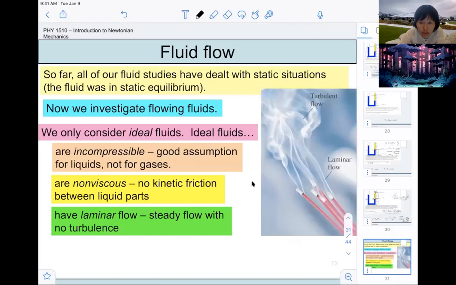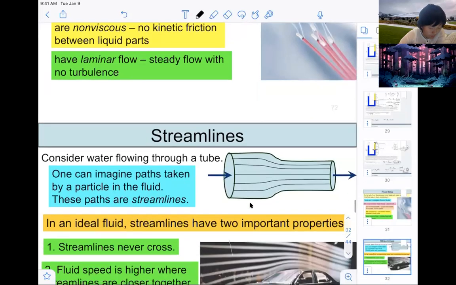We're also considering ideal fluids with laminar flow, so there is no turbulence, like the picture showing, right? A steady flow instead of a turbulent flow. So the theories we're going to talk about are applicable to the ideal fluid. Sometimes you may have to make an approximation, saying this is an approximate situation of what is really going on.